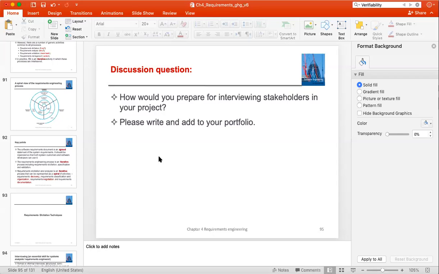Maybe the electronic medical record or the car parking application. What would be the first thing you need to think about when you prepare for interviewing? Or maybe you can think of it as a more general thing like collecting and eliciting requirements. What would you want to do in preparation for elicitation of requirements?